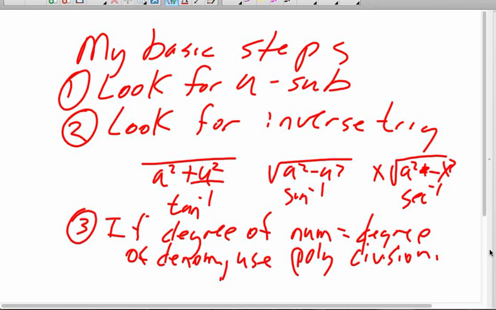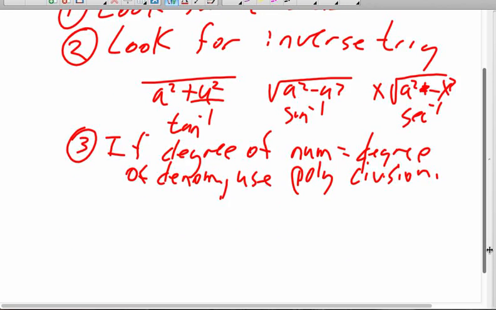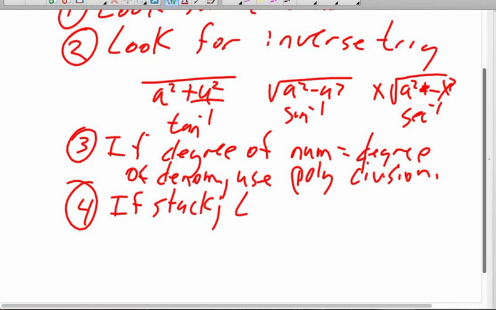And then rule number 4, or step number 4. If stuck, look at the list on page 520.